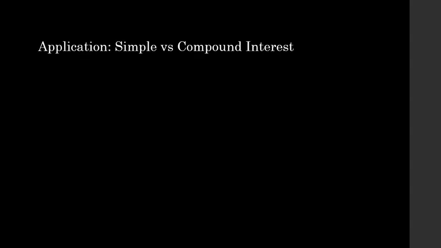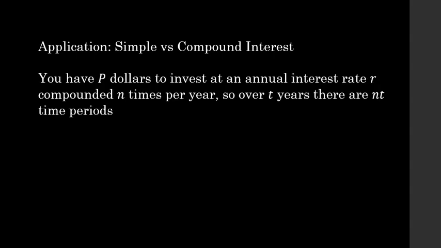Now, our application of that natural exponential function: simple versus compound interest. This is a classic example that you see fairly often. So suppose you have $P to invest or to deposit at an annual interest rate R that's compounded n times per year.